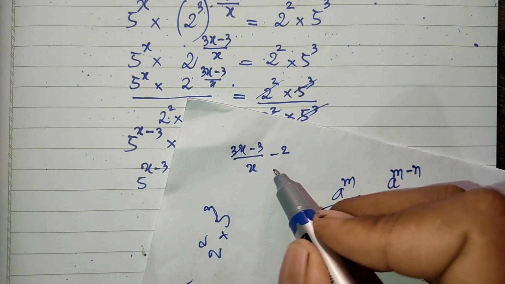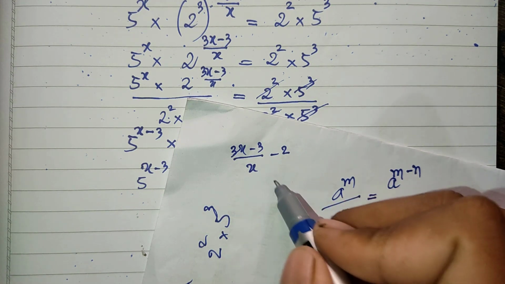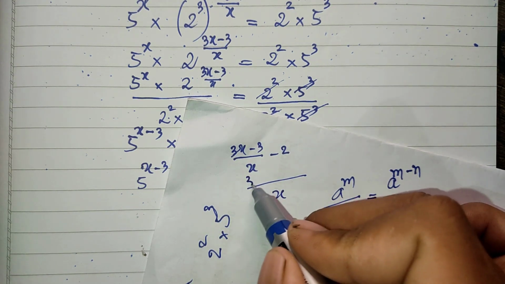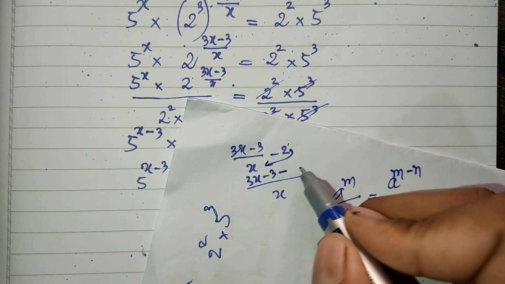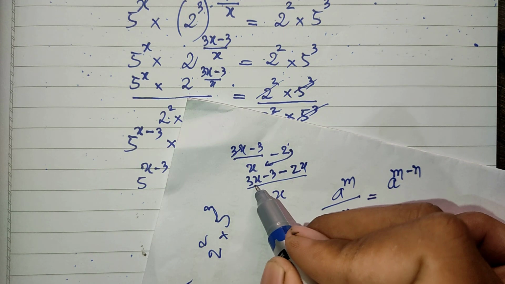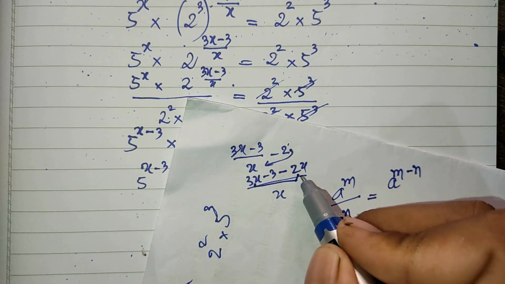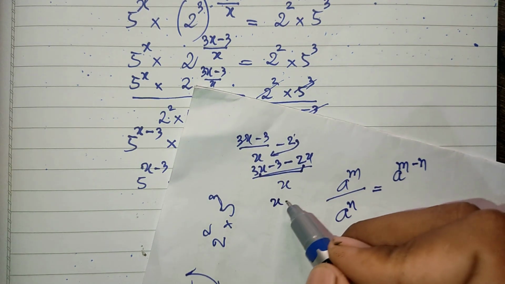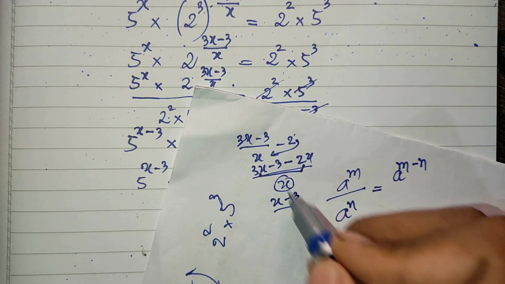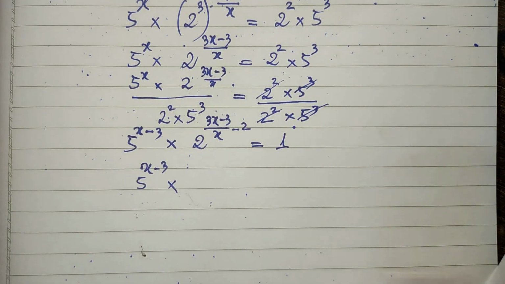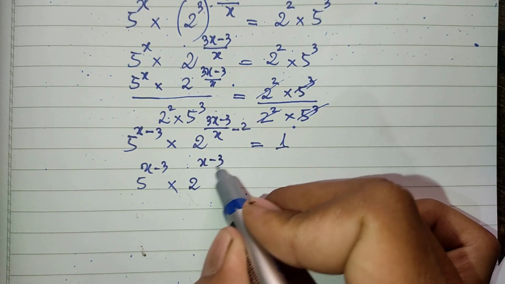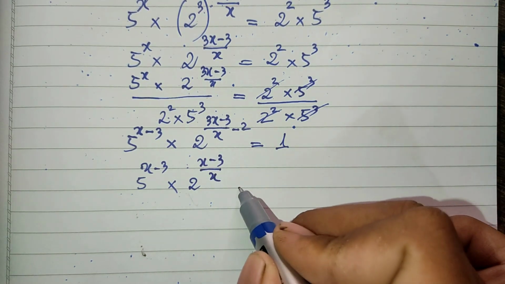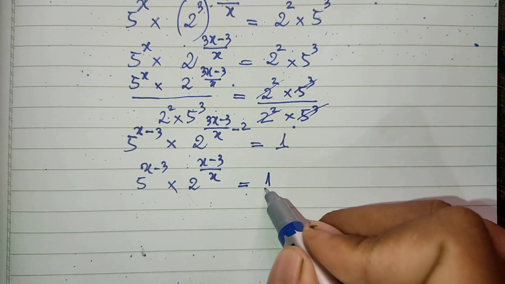So we get 5 power (h minus 3) multiplied by 2 power (h minus 3) divided by h equals 1.